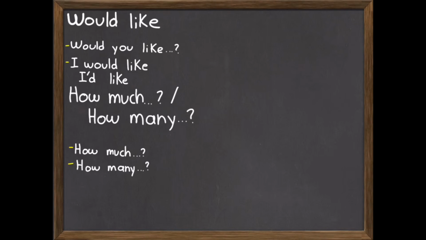Now let's also look at the questions how much and how many. The difference between how much and how many is that we use how much with uncountable nouns to ask about the quantity of something.